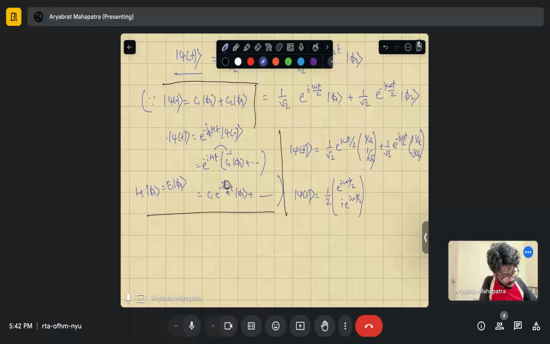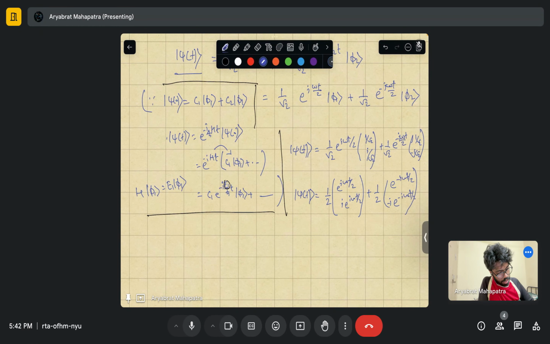In the same way you have an overall factor of half with the minus I omega t by 2 and minus I omega t by 2.